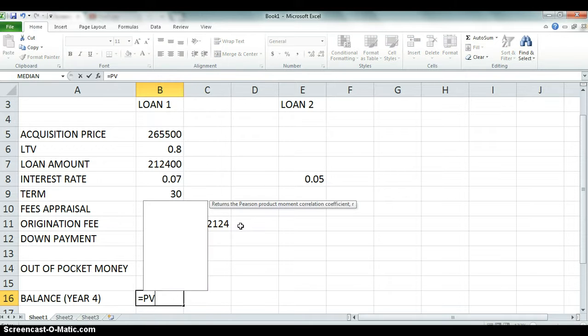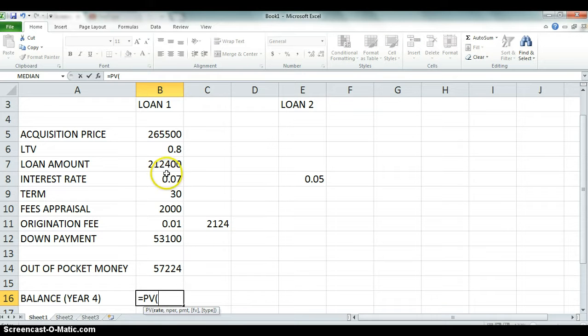We're going to do present value, the rate 7% divided by 12, the number of periods will be 30 minus 4, because it's 4 years into the first loan, times 12. And finally, we will do the payment that we forgot to calculate, but we'll put it right here.